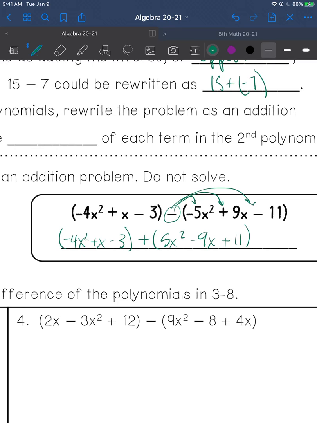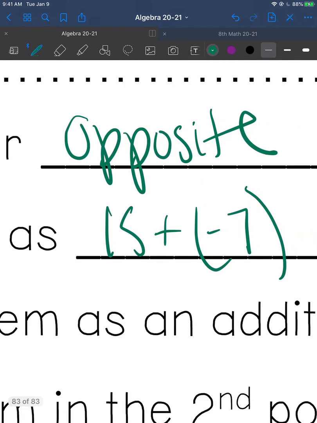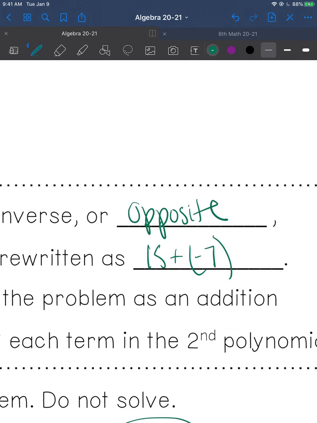Yes, sir. When you distribute the subtraction sign, why does it flip to a plus? Because, like up here, when we were talking about 15 minus 7, that's really saying 15 plus a negative 7. So we strip away that negative and distribute it to everything behind it, so that leaves me with a positive.